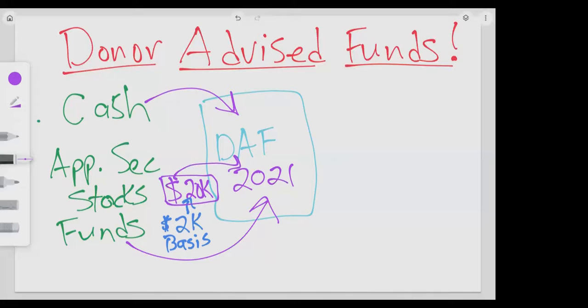Now you say, why would I do that? I only give $4,000 a year. All right, watch this. You receive a tax deduction for the full $20,000 in the year you make the contribution. Do you remember earlier I said you were giving $4,000 a year, but receiving no tax benefit?